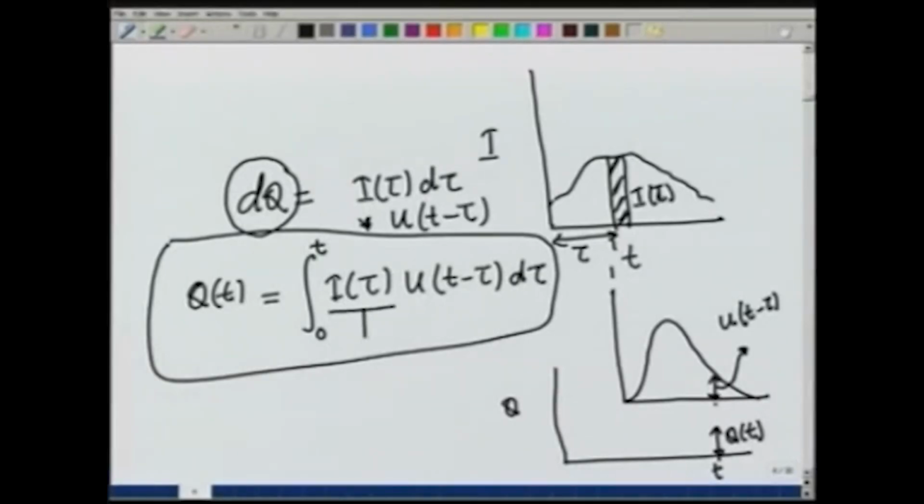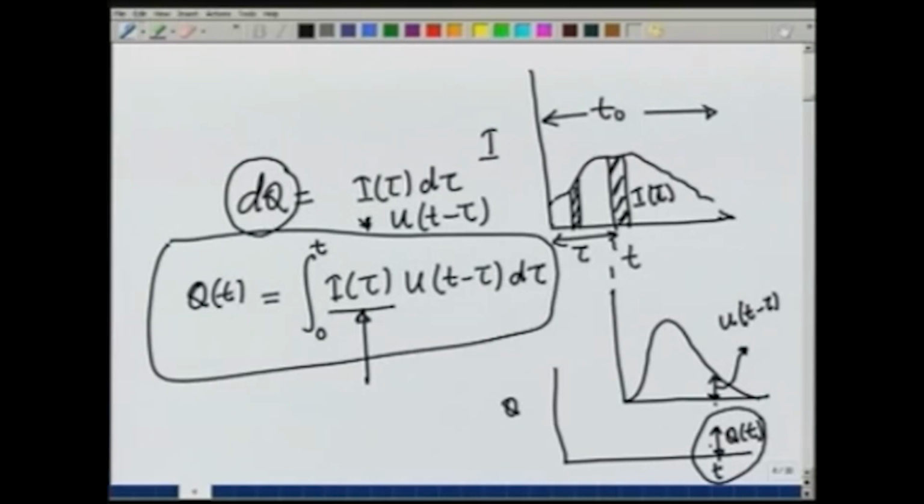Now, if you look at this expression, I tau will of course be 0 beyond t 0. So, the duration of rainfall is t 0. So, if t is more than t 0, then we have to perform this integral only from 0 to t 0. And this way, if you look at another strip here, what we are doing by this integral is taking all these small strips and finding out their contribution to the direct runoff at the time t.